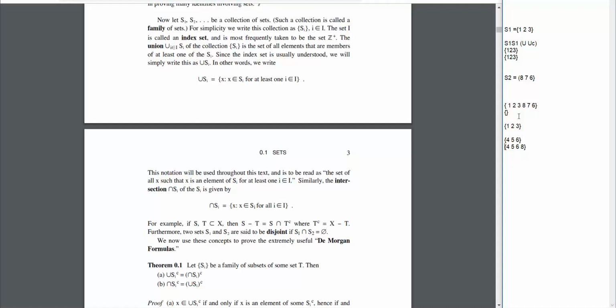Where T complement is X minus T, so X minus T is 8. And there's no intersection, so it's an empty set. Yeah, but what has that got to do with anything?